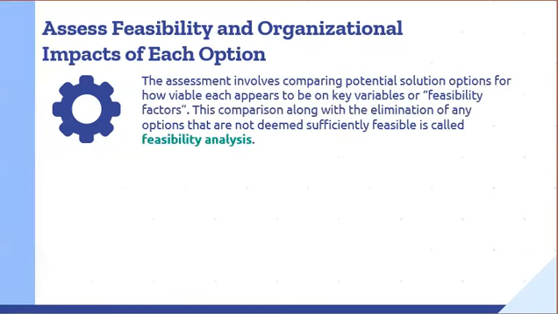The assessment involves comparing potential solution options for how viable each appears to be on key variables or feasibility factors. This comparison, along with the elimination of any options that are not deemed sufficiently feasible, is called a feasibility analysis.